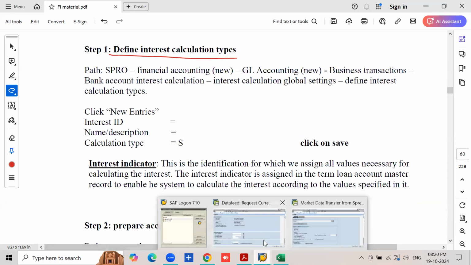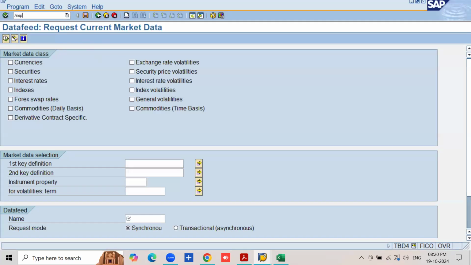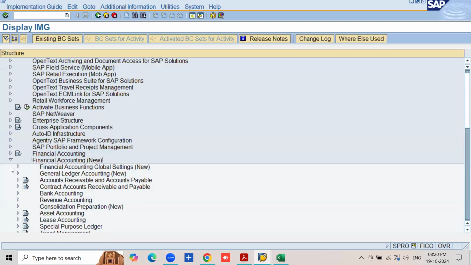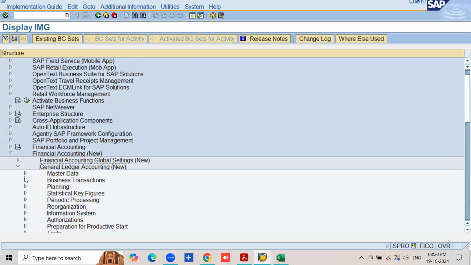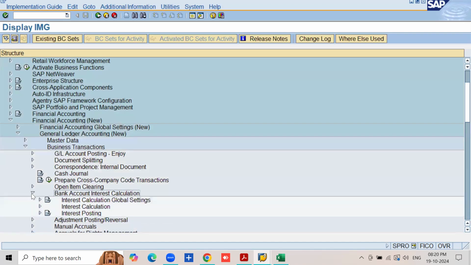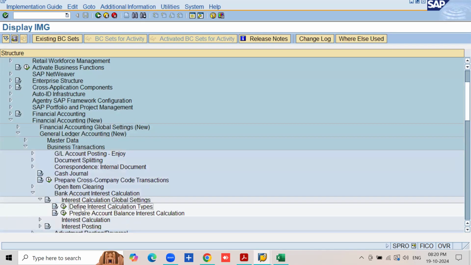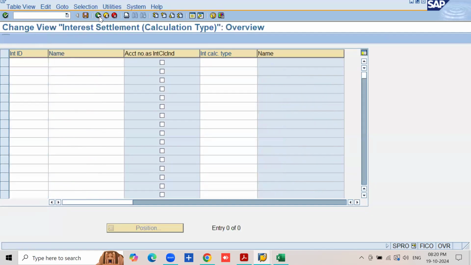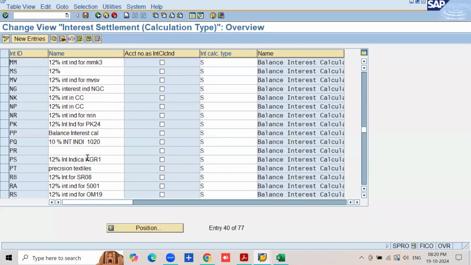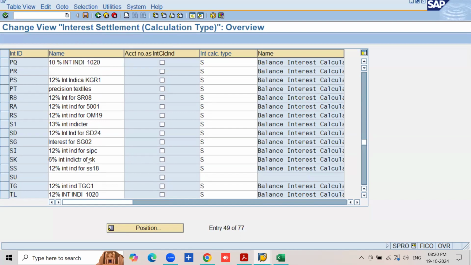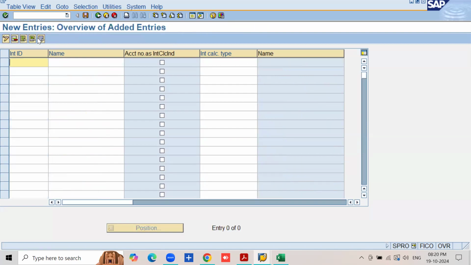Path is SPRO, Finance Accounting New, General Ledger Accounting New, Business Transactions, Bank Account Interest Calculation, Interest Calculation Global Settings, Define Interest Calculation Types. Click on new entries.